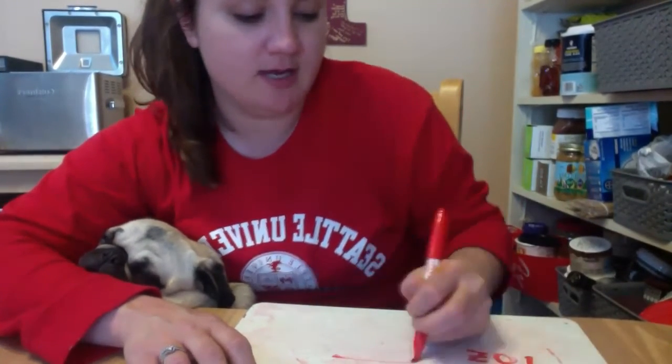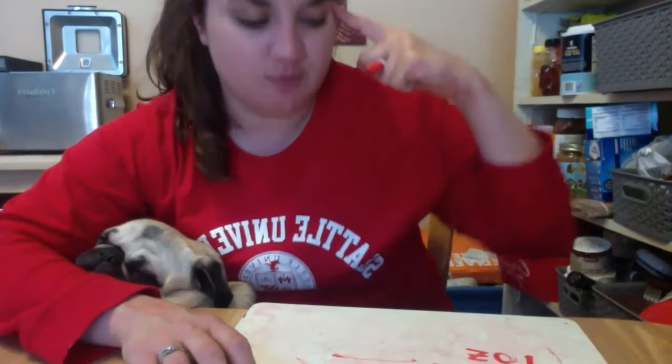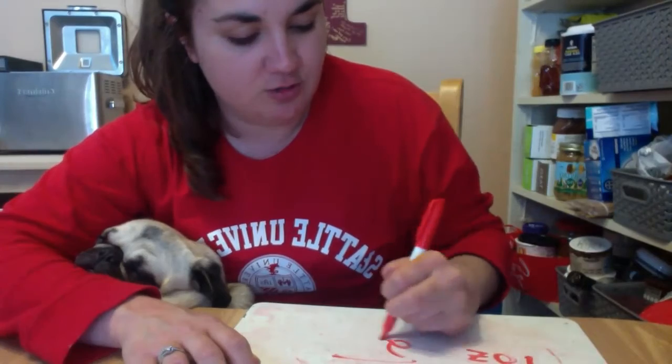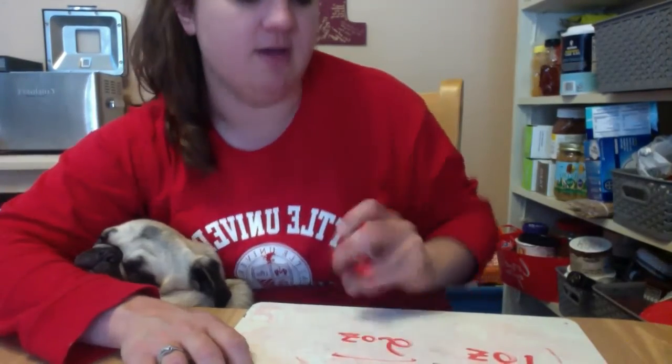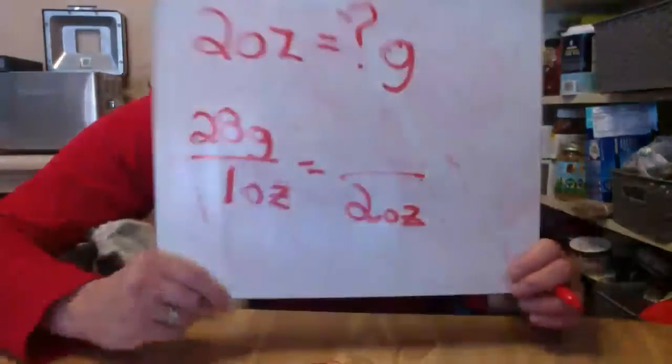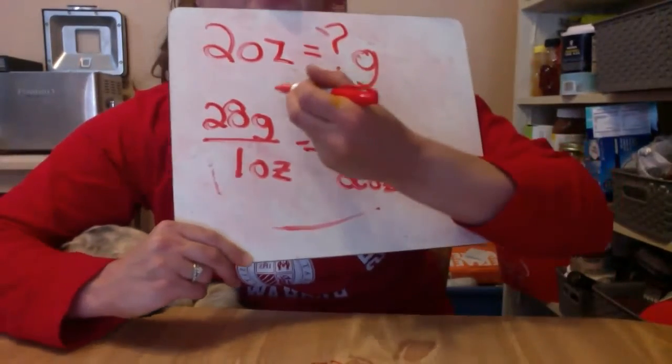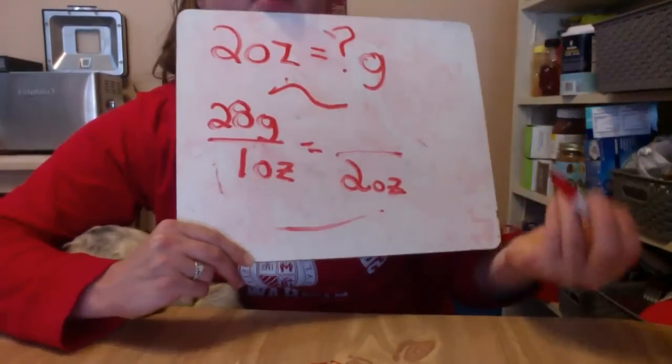And if I look at my question, which one do I know? Do I know ounces or grams? I know ounces. So I'm going to write 2 ounces because I want to keep ounces with ounces and grams with grams. So 1 times 2 is 2. Now whatever I do to my denominator, I must also do to my numerator. So now I need to do 28 times 2.